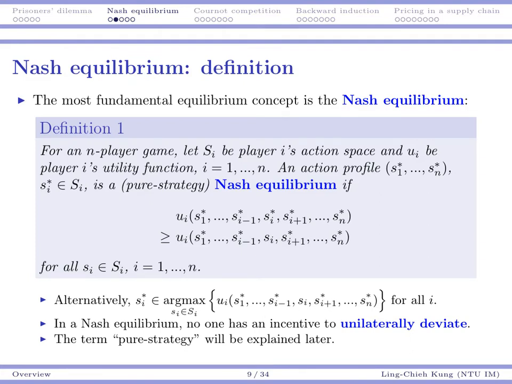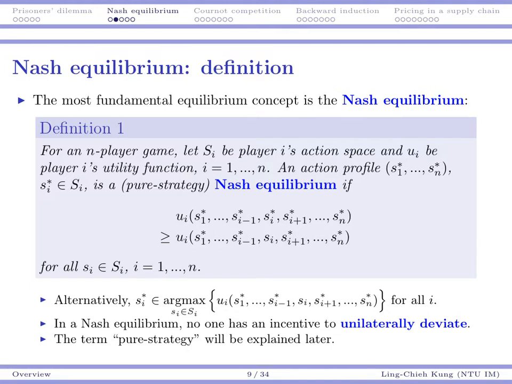Suppose there is a game with n players. There can be any number of players. For each player, there must be an action space. Let's call it Si. Si contains all the possible actions of player i, and each player should have a utility function Ui.